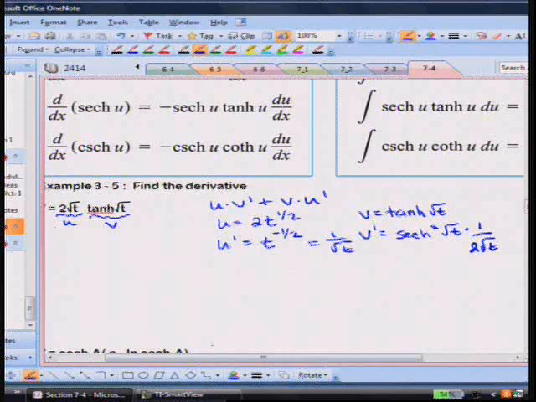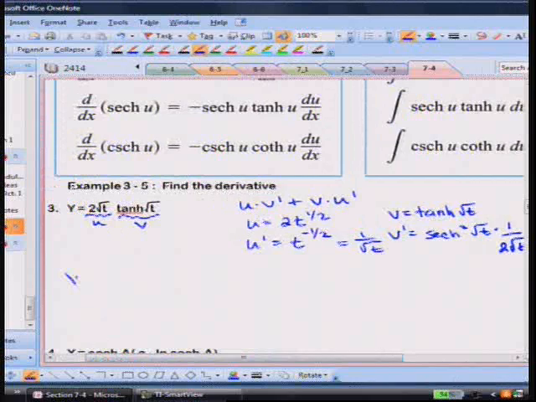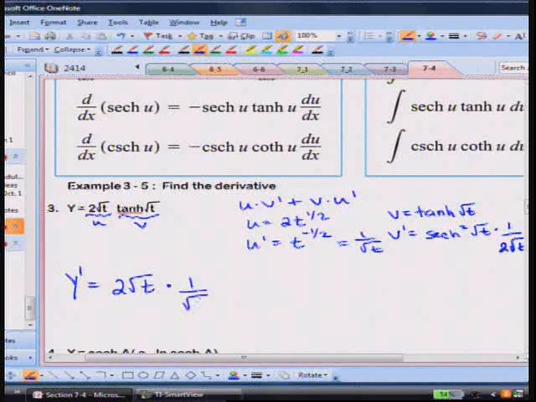All right, and so then u times v prime is going to be, this will be my derivative now, y prime is going to be u, which was 2 square roots of t, times u prime, which is 1 over the square root of t.